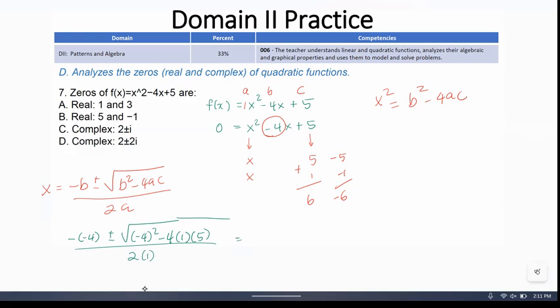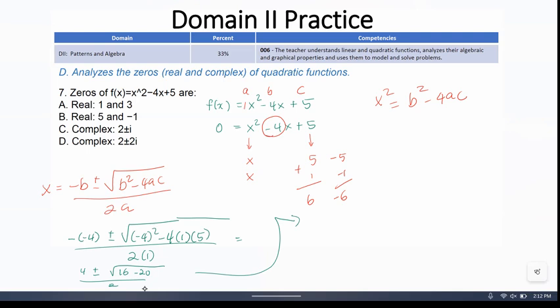Okay, so this number here is going to be 4 plus and minus. This is going to be 16, minus 20, all over 2. Okay, let me write it here.